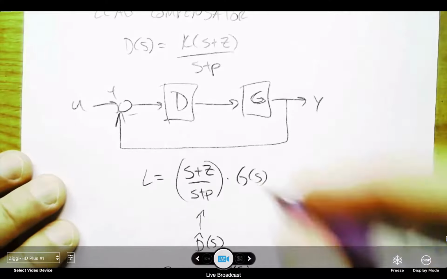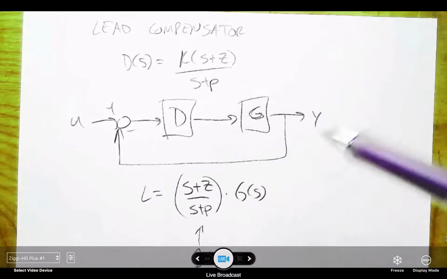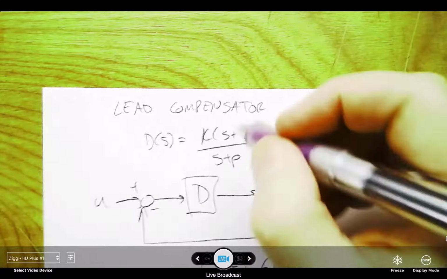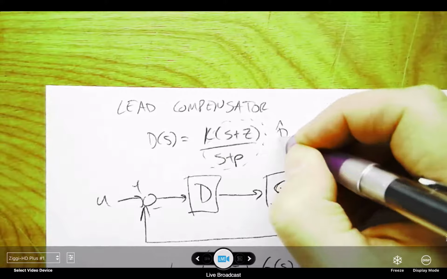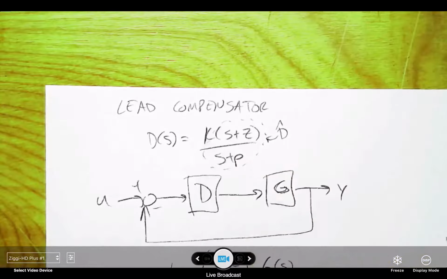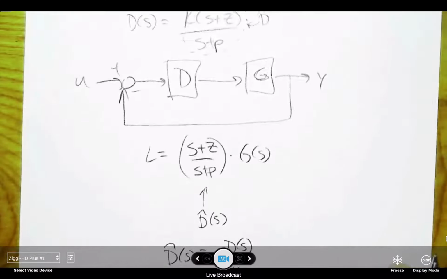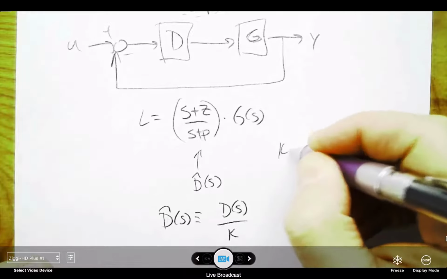So hopefully it's apparent that S plus Z over S plus P is my D hat, and this is the K that we're trying to design or choose. And so we end up with this L, and then K would just be K.